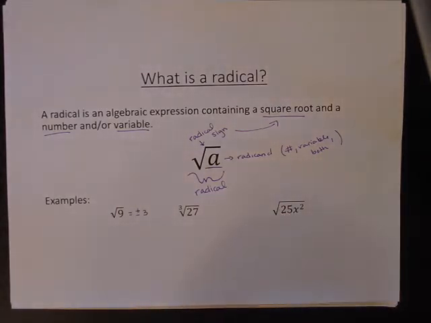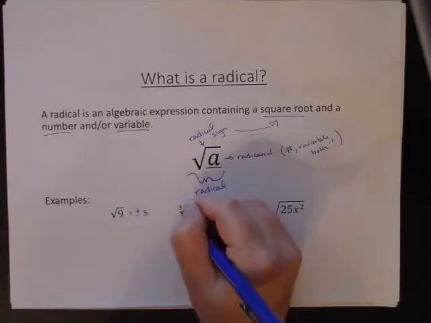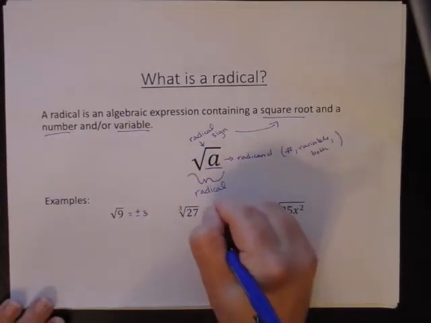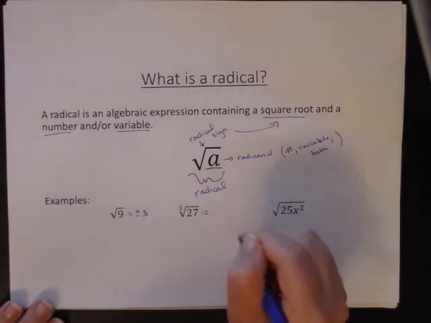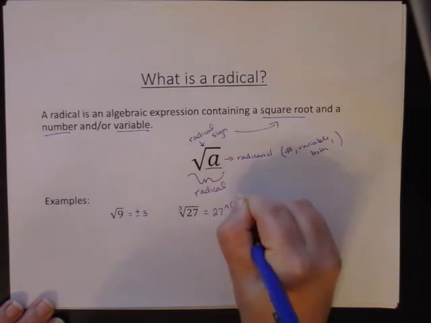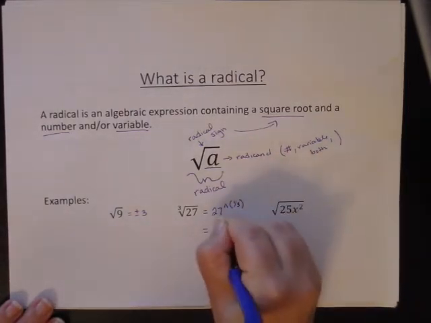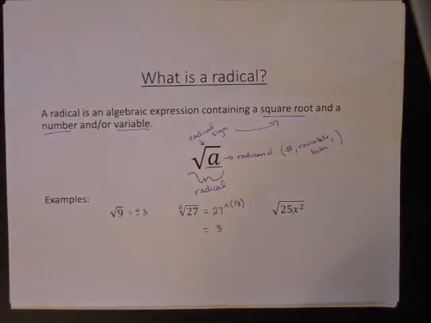So whenever we have an even root, if we're taking the square root of it, we got to make sure that we put our plus or minus. If we got an odd root, like this 3, so we got the cube root of 27, what we would do is take 27, go up arrow to the 1/3, and when we plug that into our calculator, we're going to get a positive 3.